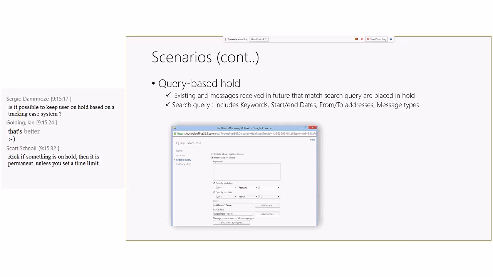You place only these items on hold and none of the other messages are placed on hold. Say you have a litigation where you want to make sure that only items from user A to user B are placed on hold. You can use something like query-based hold and also specify a start and an end date.